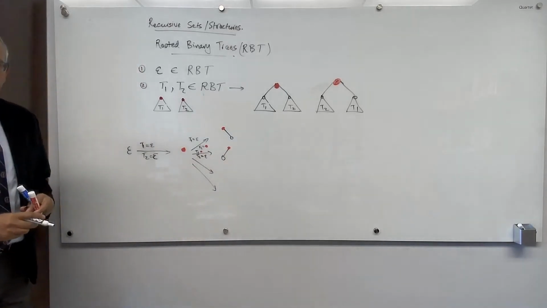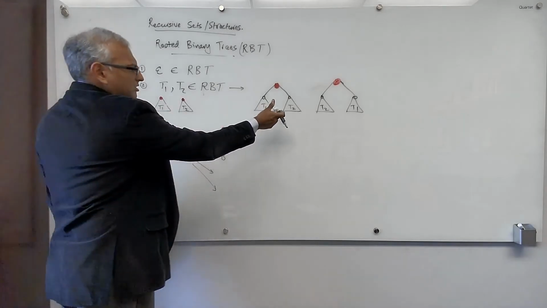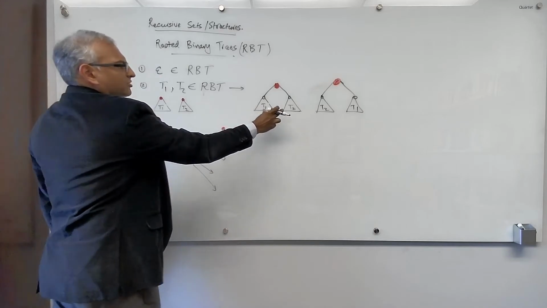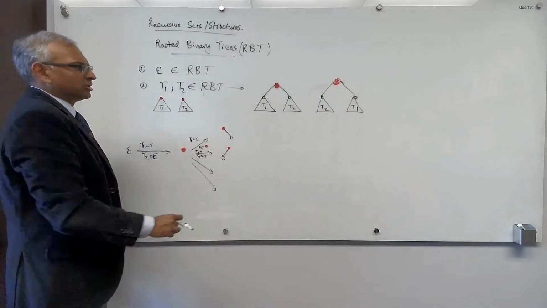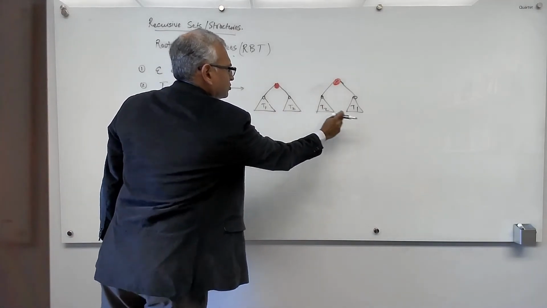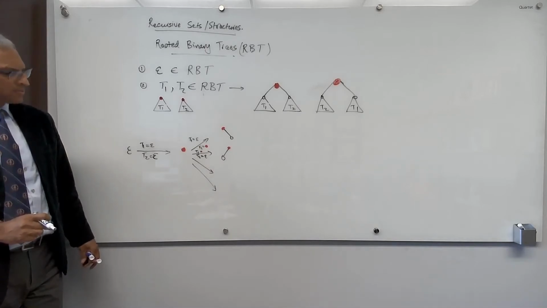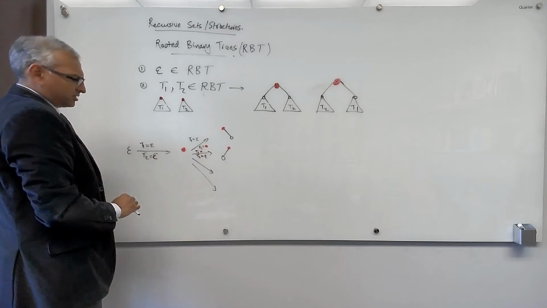So I consider those to be different trees. These are ordered trees. The order in which you consider these are called the child subtrees. So this child subtree and this one could in general be different. It's only when these two are the same that we say they're the same tree.